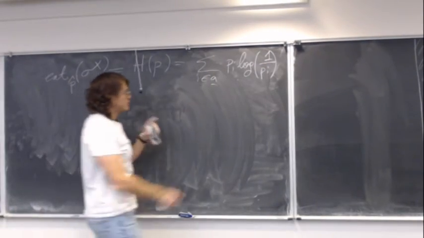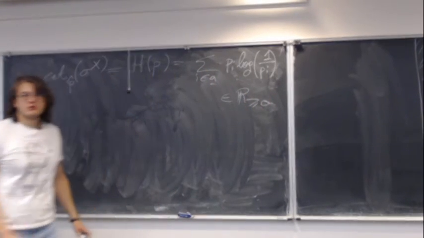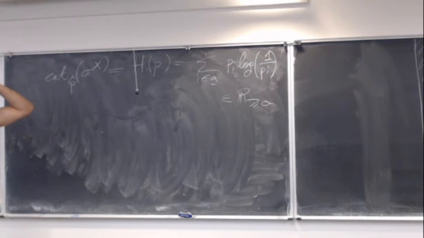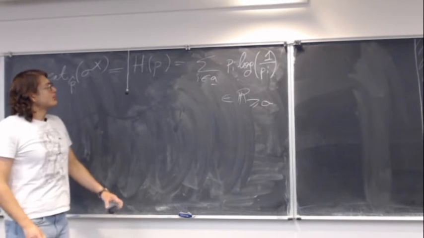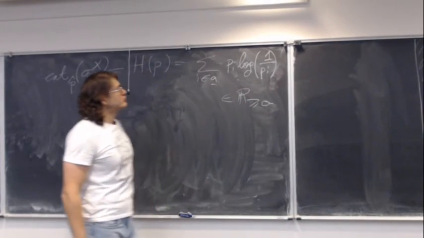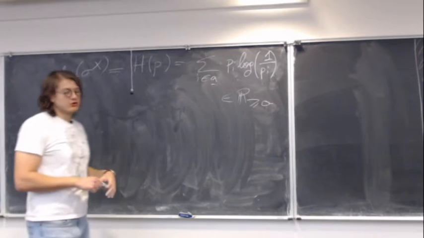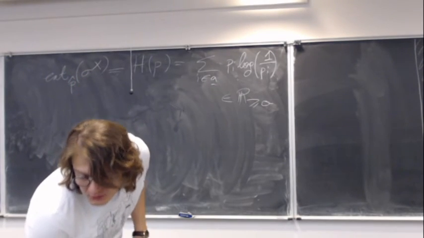It's a finite number, possibly 0. Okay? And indeed, if you have the uniform measure here, this does produce log n, where n is the cardinality of a.